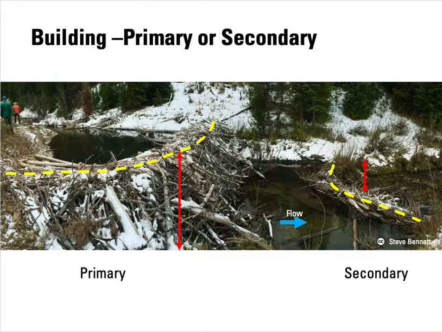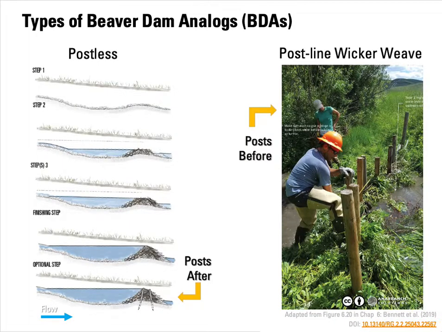The secondary dam has a shorter crest elevation and a lower height, usually at or below bank full, and it's used to just backwater up and provide some stability to the primary dam, and then also just to provide deep water for beavers to move around.